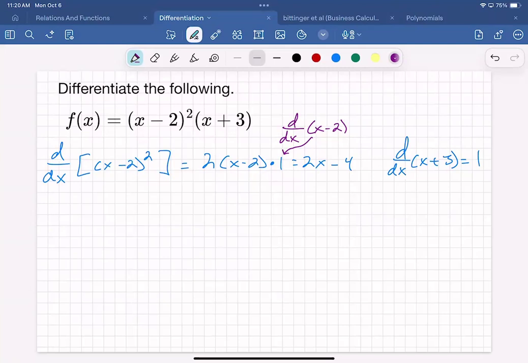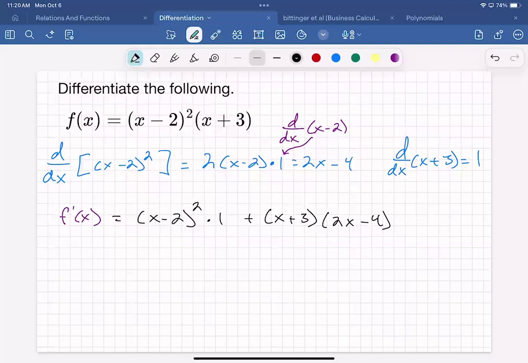How do we build the product rule then, whenever I have something being multiplied together like we have here? All right.